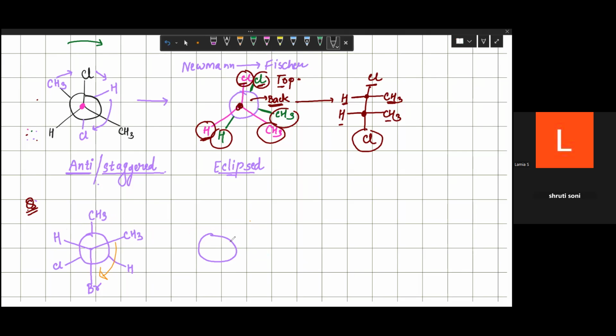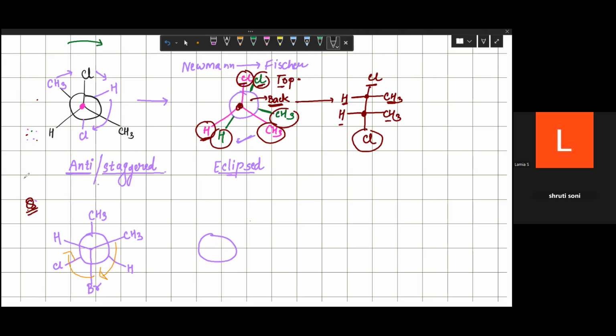Yes, the bottom part, but you can rotate the front part also, and at the end you only need this type of structure. So you can rotate the front part also.